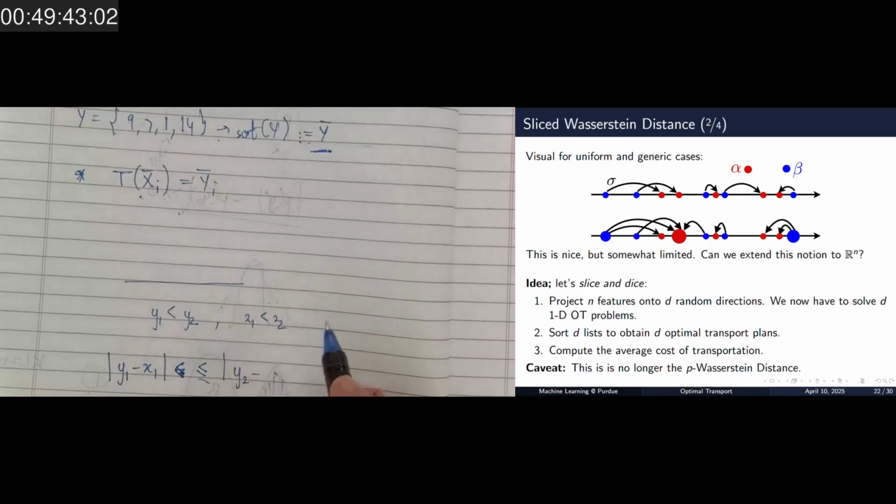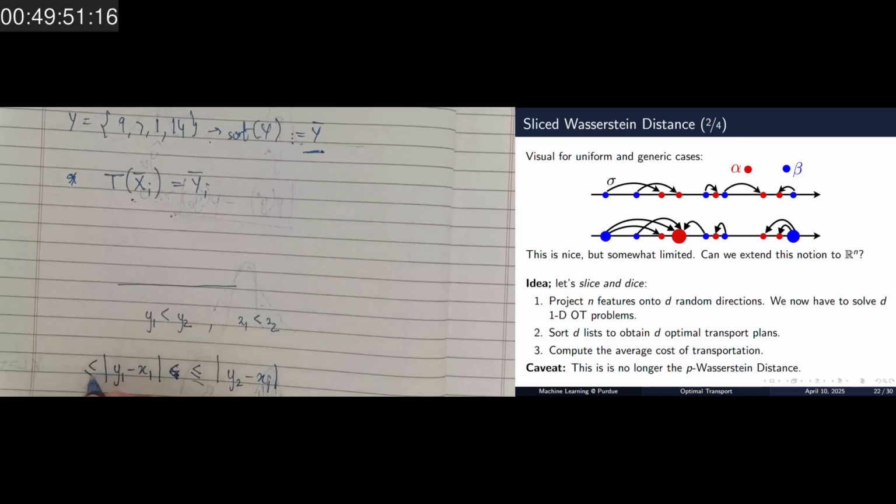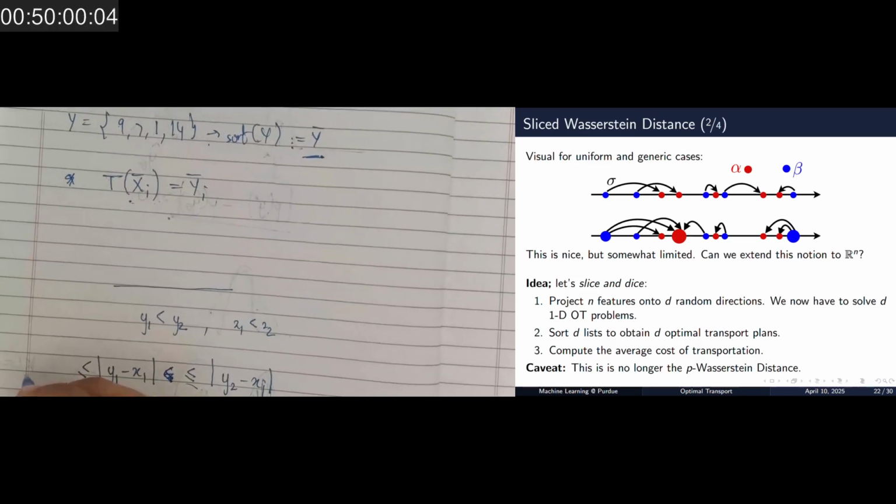Here's another way you can think about it: inductively. You have your two assignments, X to Y's, and you take the first point where for X, I'm assigning different values.